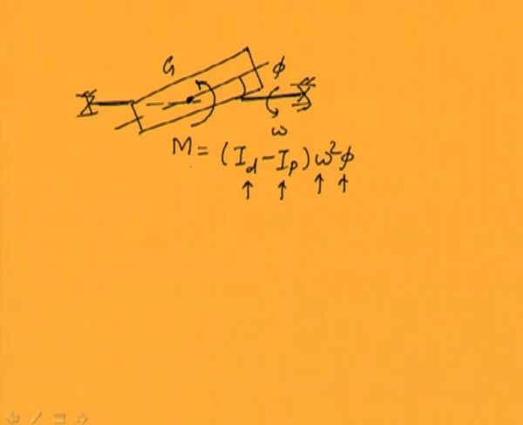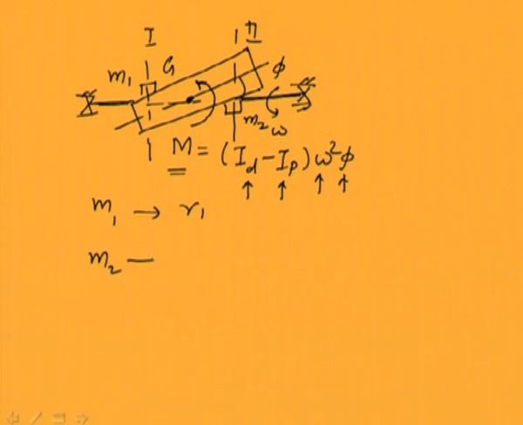Now to balance this moment, we need to put correction masses in two planes, plane 1 and plane 2 in the rotor, and let us say we are keeping M1 mass here and M2 mass here, and their radial position for mass M1 is R1 and for M2 it is R2.